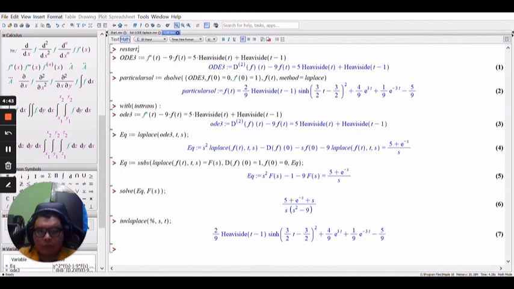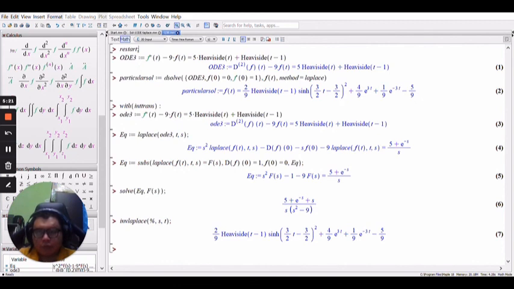So it will be displayed like this. S squared F(s), where s squared Laplace f(t) is changed into F(s), and df0 equals 1, so minus 1. Then s f0 equals 0, not displayed here because it is 0. Then negative 9 Laplace f(t), where Laplace f(t) is converted into F(s), equals 5 plus exponent negative s over s, it is the same.